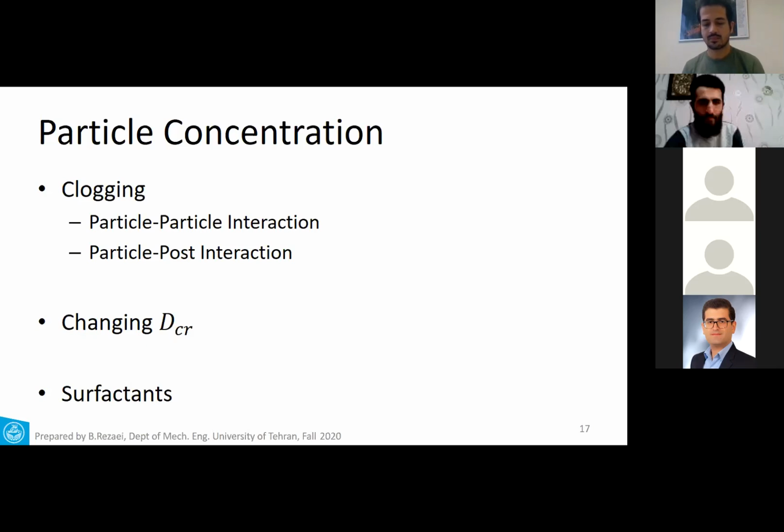The particle concentration, because of these particle-to-particle and particle-to-post interactions, can change the critical diameter, so you should be very careful about it.